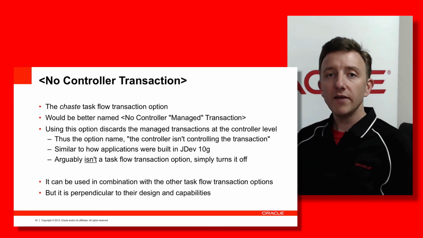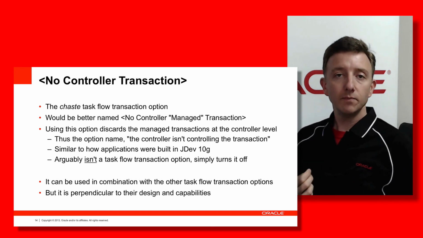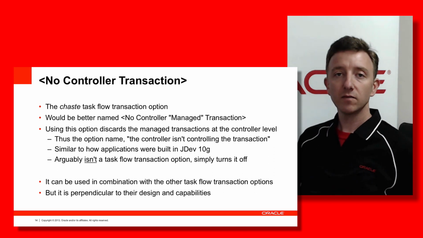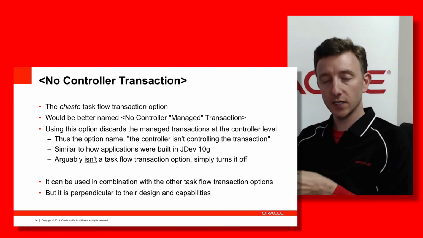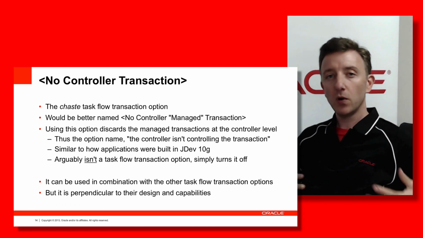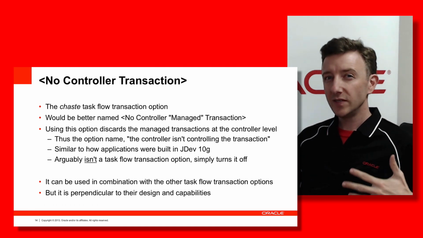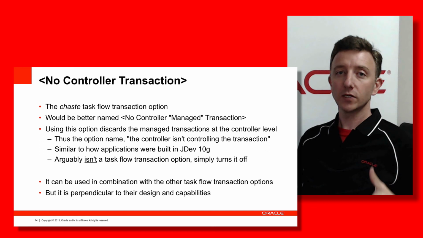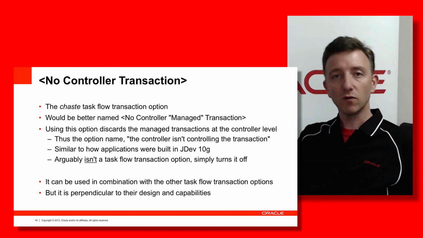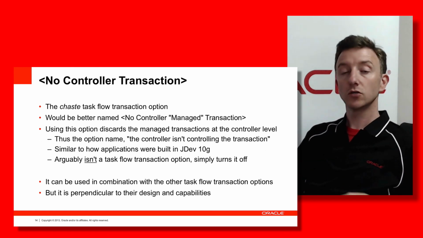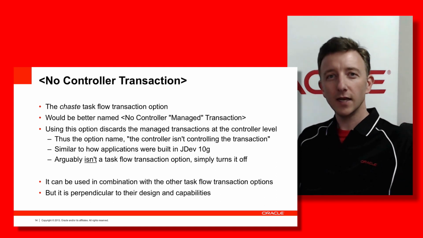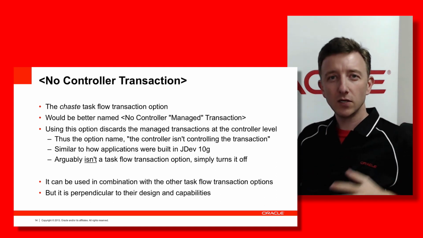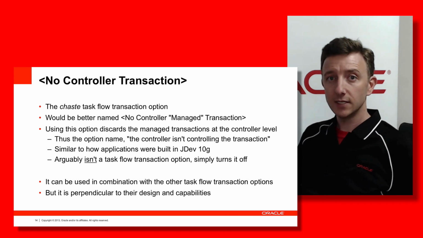Also, one little caveat is that I've seen people who try to mix bounded task flows that use the three original transaction options and the no controller transaction option. Now, while it is possible, it is actually quite difficult and hard to understand what's going on, because the data control frame is still being created thanks to the data control scope option, but when that transaction token gets created and is ignored based on the combination of options, can be very tricky to understand.